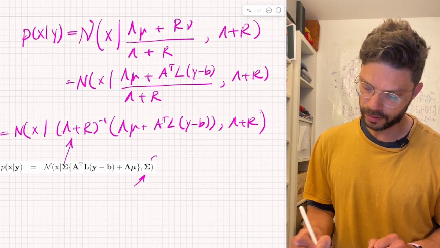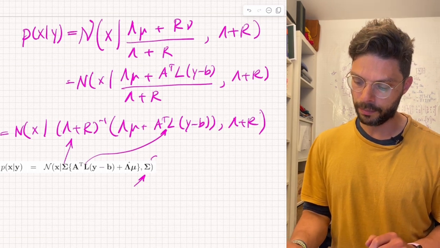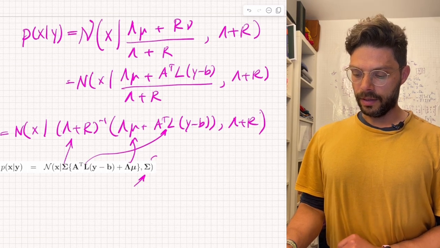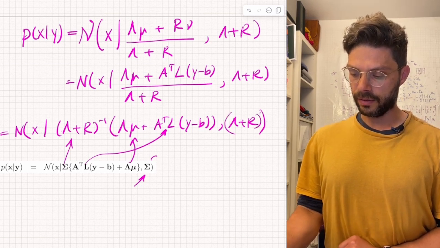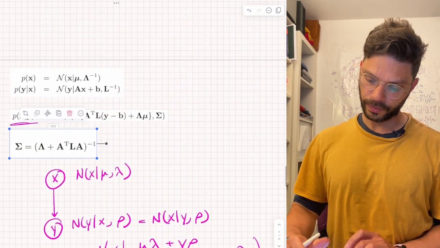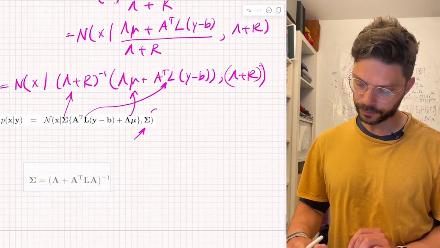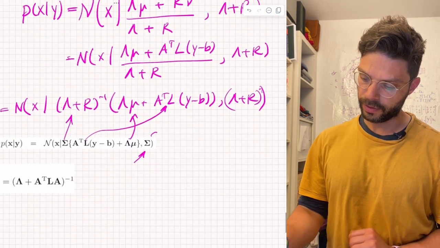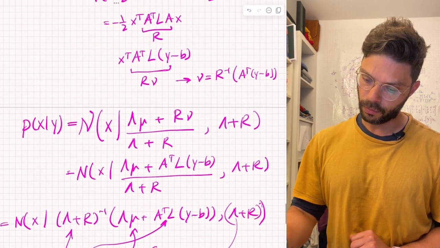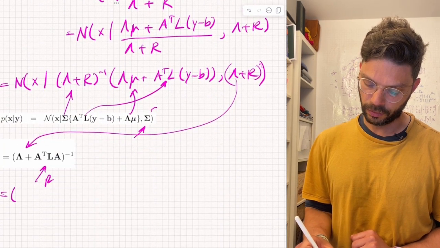So this is the covariance multiplying A transpose L y minus b times lambda mu. And the covariance is this thing to the minus 1, which is, let's just bring it all the way down, which is exactly what we have, right? So there is our mu, and we just found that r was equal to A transpose L A. So this is just r.